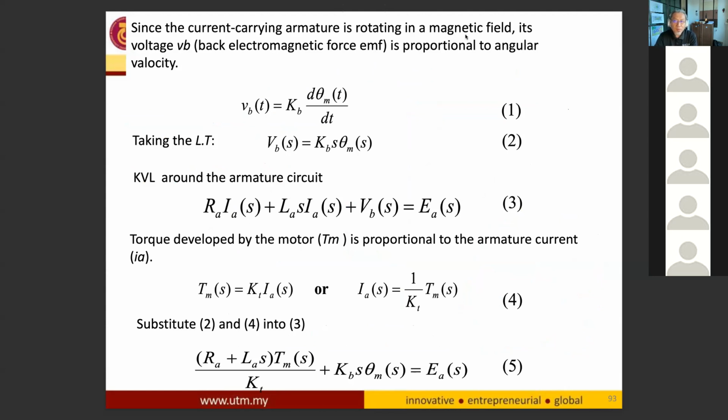Therefore we can write a relationship where VB is equal to KB theta M dot. So this is theta M dot, or we can write it as d theta M over dt. It is the velocity, the differential of angular displacement.